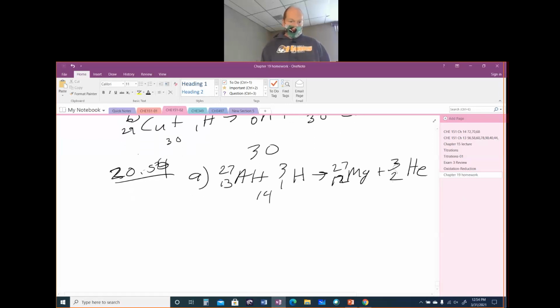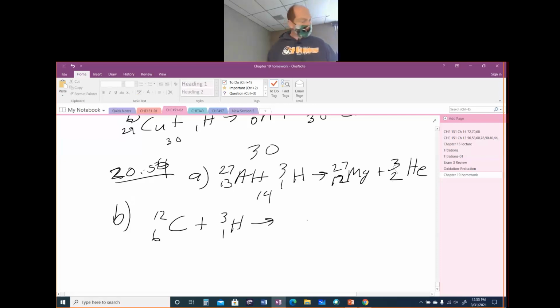All right, in part B, here is a notated form. We got carbon 12 plus a tritium H 3 1.